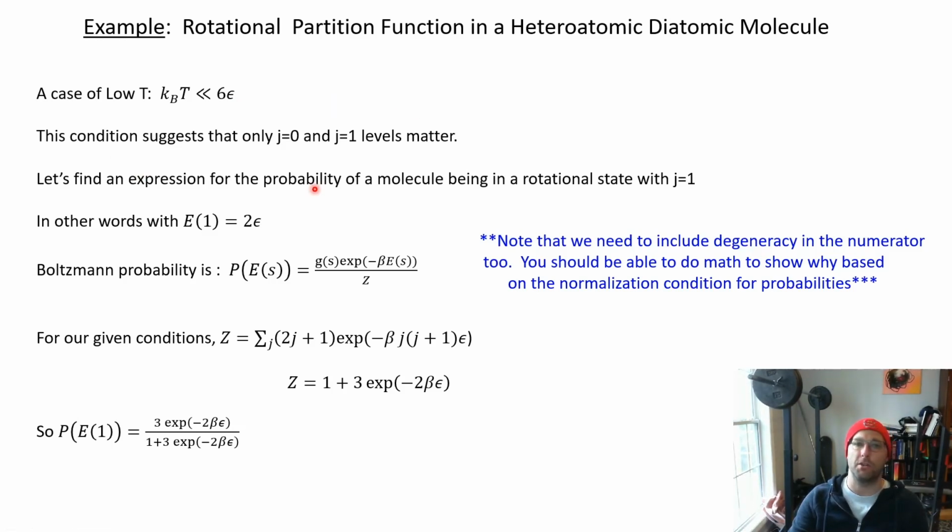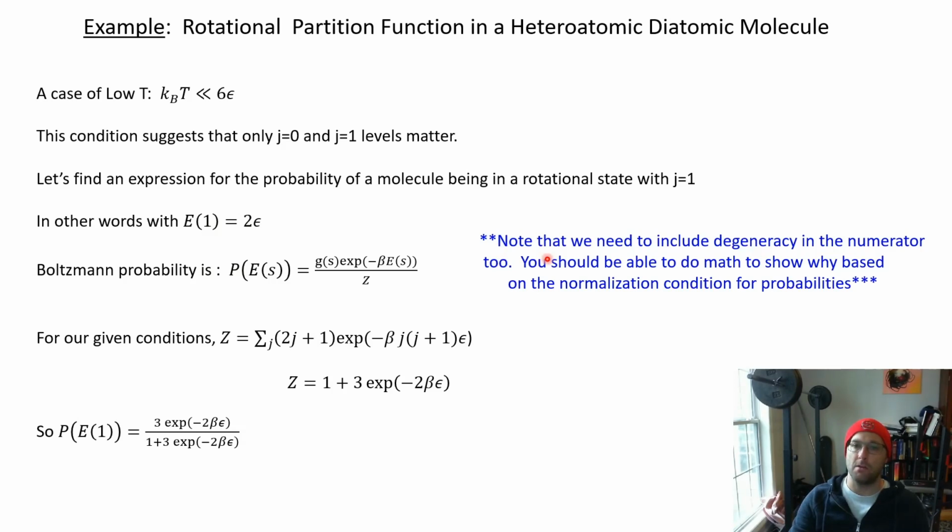So let's find an expression for the probability of a molecule being in a rotational state with J equals 1. So E of J equals 1 is just 2 epsilon, as we already mentioned. The Boltzmann probability is the degeneracy factor, e to the minus beta energy, over the partition function. Pay attention to this because you haven't seen this expression before.